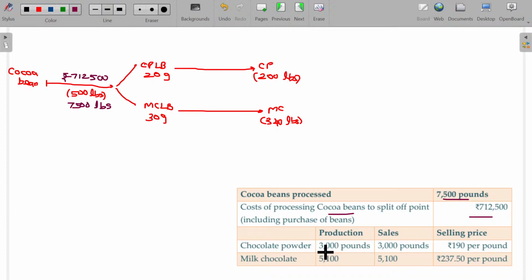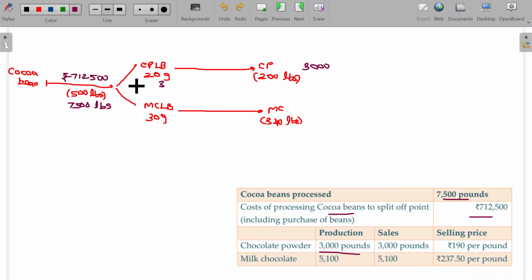And production, chocolate powder being 3,000 pounds. Almost 15 times higher. So into 15 times, right? So this input is 15 times higher, then automatically all the output should be 15 times higher only. If it is 20, 15 times higher, it should be 300 gallons.